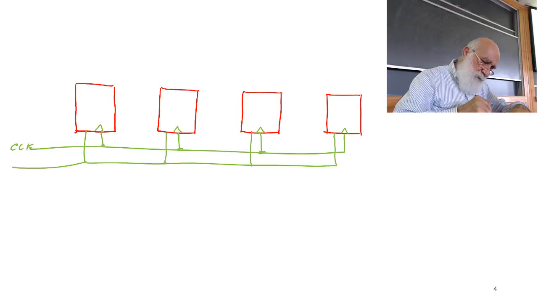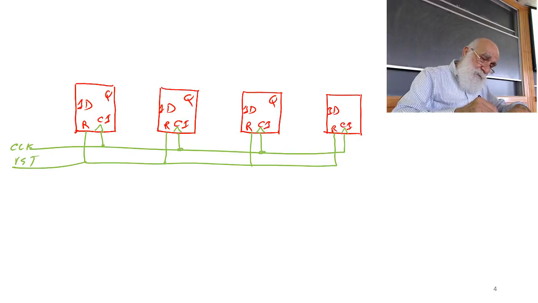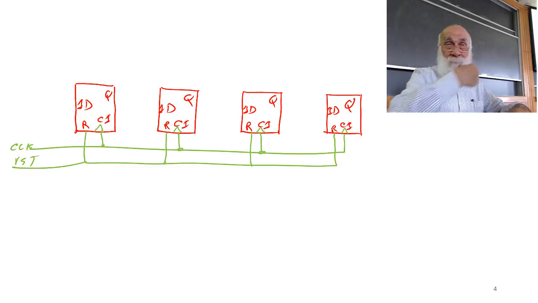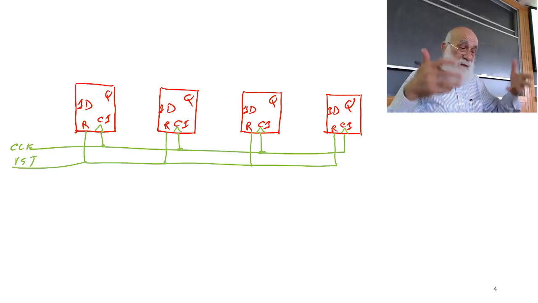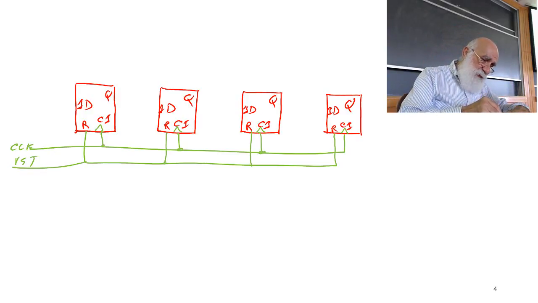So this is again the clock, this is the reset. Each of these flip-flops has a D input and a Q output. Notice the reset is asynchronous. Now in the previous example, what I did was I just brought in parallel inputs and put them into the registers.